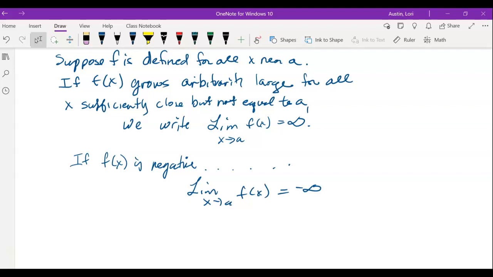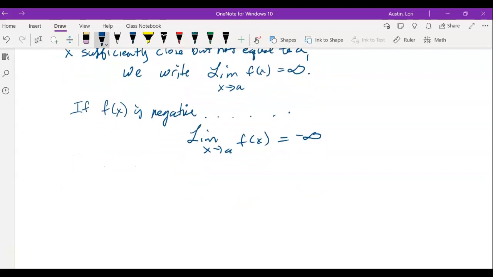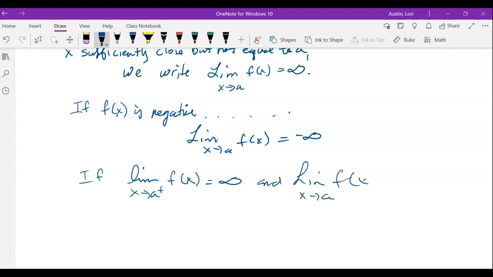Adding to that, add this part to it. If the limit as x goes to a from the right of f of x equals infinity, and the limit as x goes to a from the left, or vice versa.